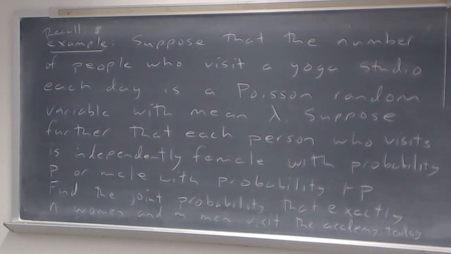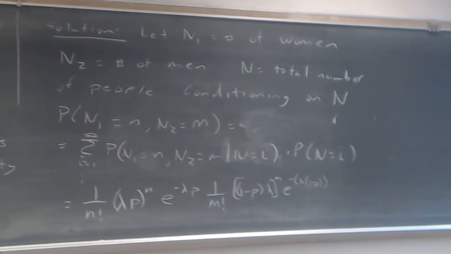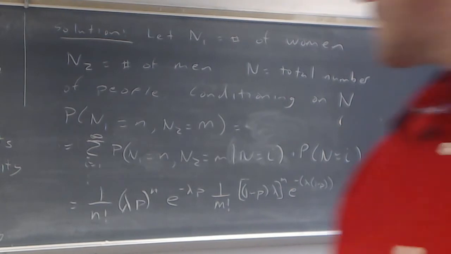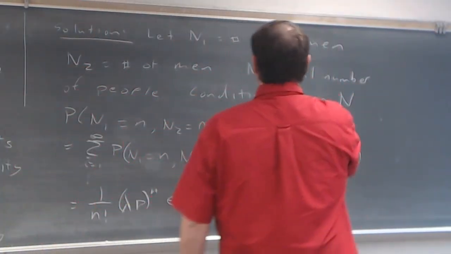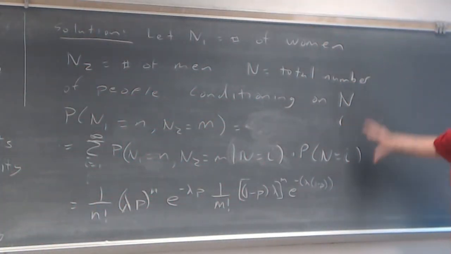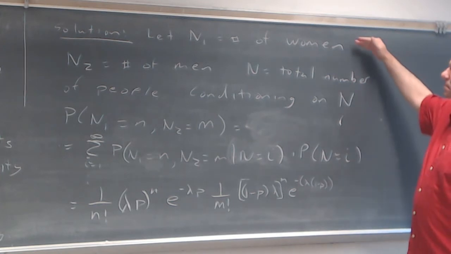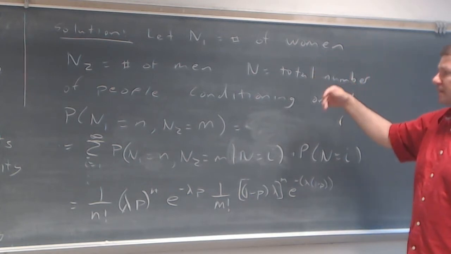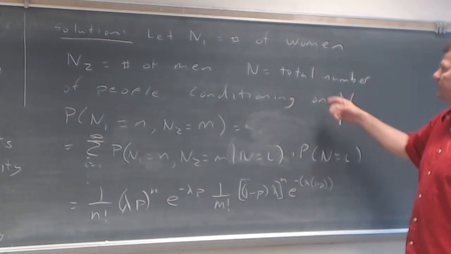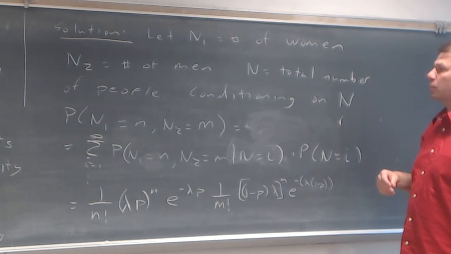So we're looking for the probability that big N sub 1 equals little n and big N sub 2 equals little m. I summarize here in terms of the notation what the answer was. We let N sub 1 be the number of women that come on that day, N sub 2 be the number of men, and big N be the total number of people.